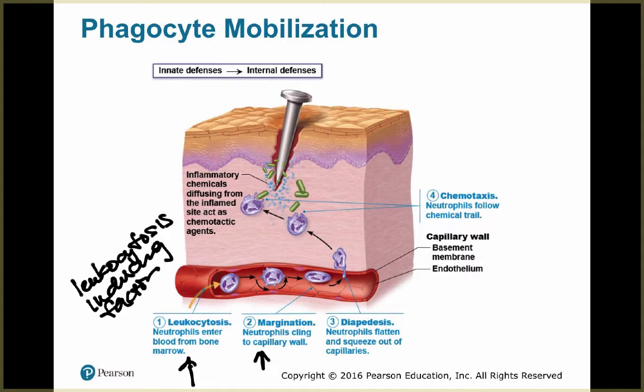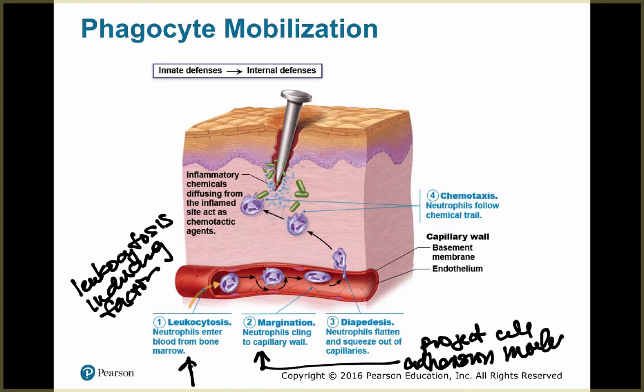If you remember, the endothelial cells of the capillaries in inflamed areas project cell adhesion molecules, known as CAMs. Those go into the vessel lumen, where the blood is flowing through, and they will grab onto passing neutrophils, causing them to slow down and roll along, clinging to the vessel walls, specifically things like selectin.